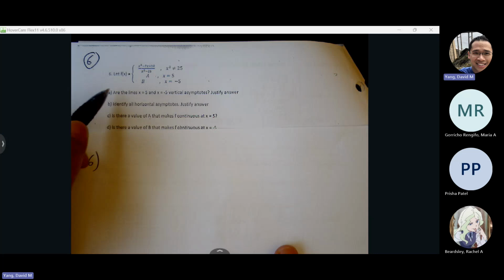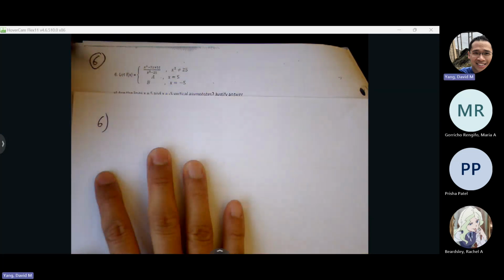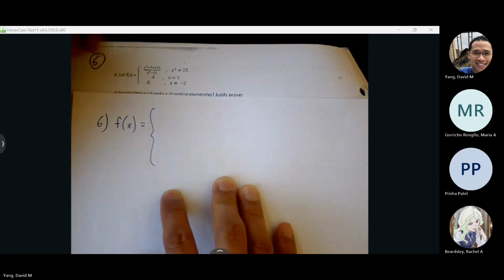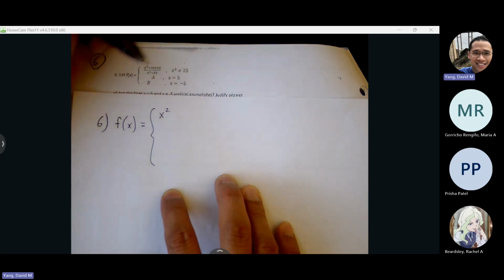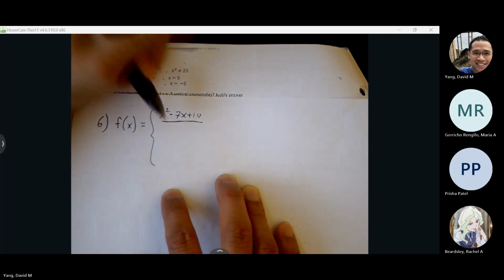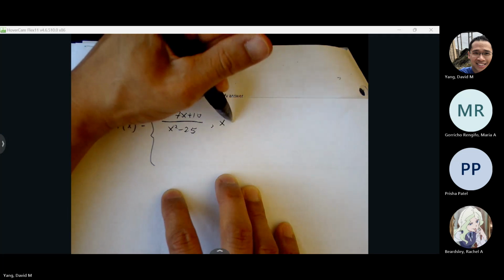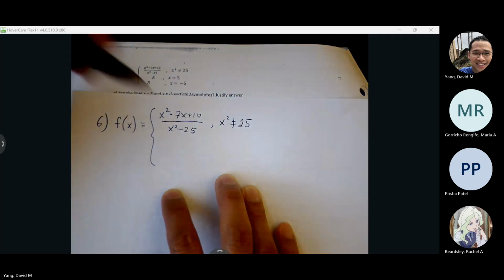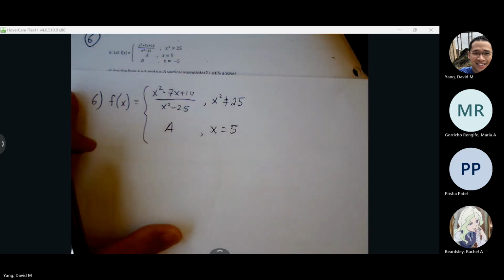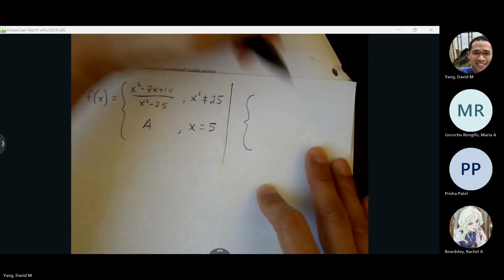Okay, so this is page number 6, right? Think of A and B as two separate problems here. I was kind of packing a lot of things into one problem, so let me separate some things a little bit here. And then separately, f of x is also this.